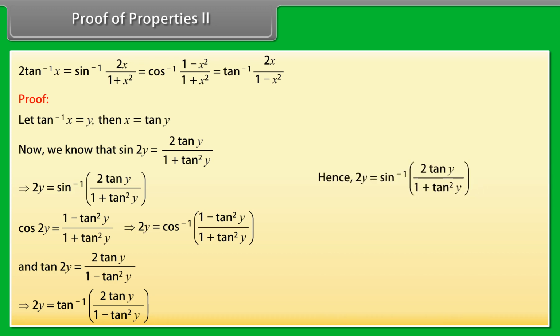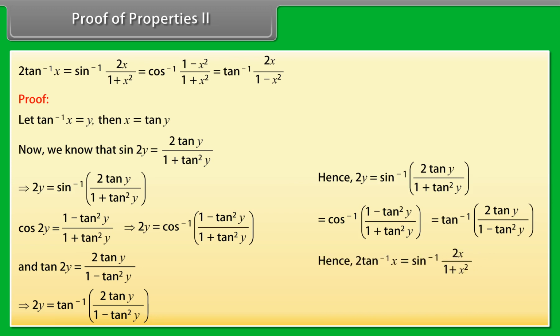Hence, 2y is equal to sine inverse of 2 tan y by (1 plus tan square y), which is equal to cos inverse of (1 minus tan square y) by (1 plus tan square y), which is equal to tan inverse of 2 tan y by (1 minus tan square y).